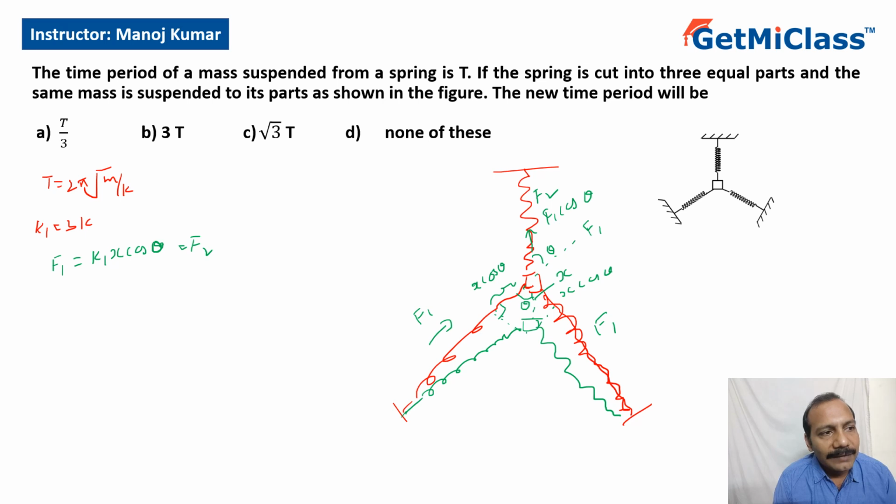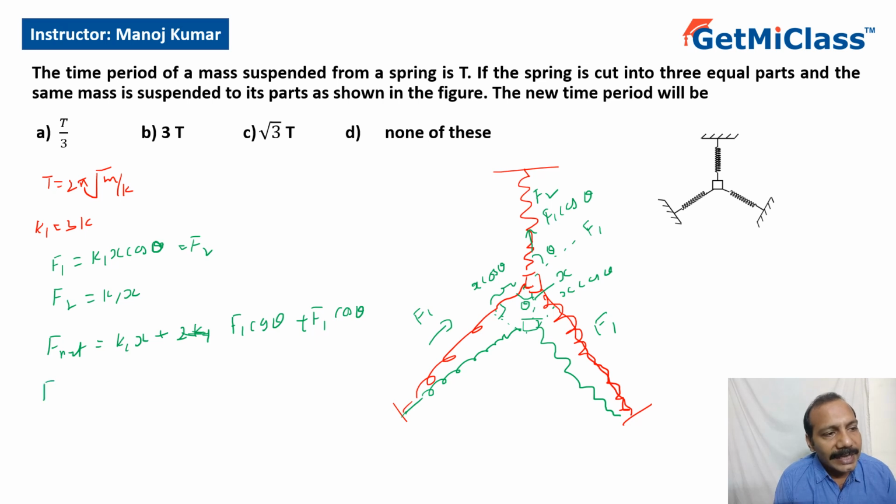Now F2 equals k1 into x. The net restoring force equals k1x plus, sorry, F2 plus F1 cos theta plus F1 cos theta.